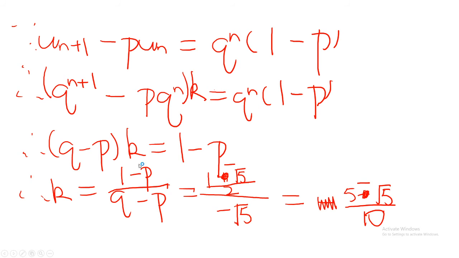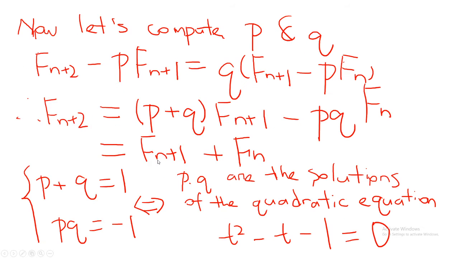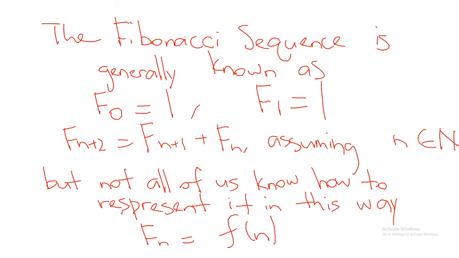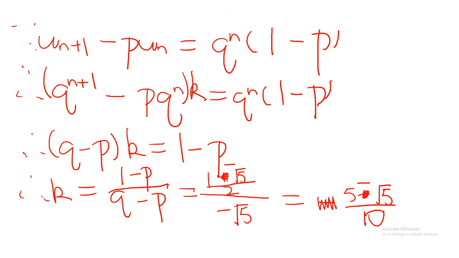Now we have Q minus P times k equals 1 minus P. And we can do this: k is equivalent to 1 minus P over Q minus P. We do the calculation based on the previous P and Q values, and we get that k is equivalent to (5 minus the square root of 5) over 10.